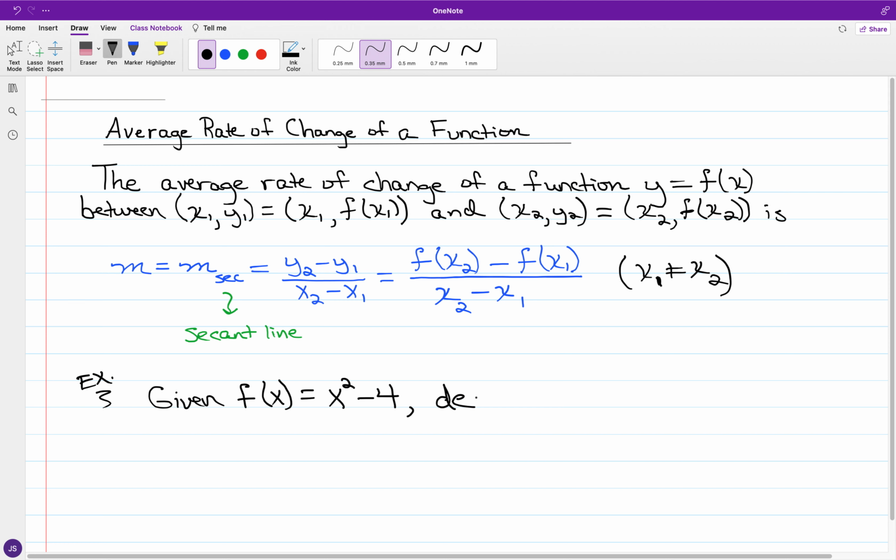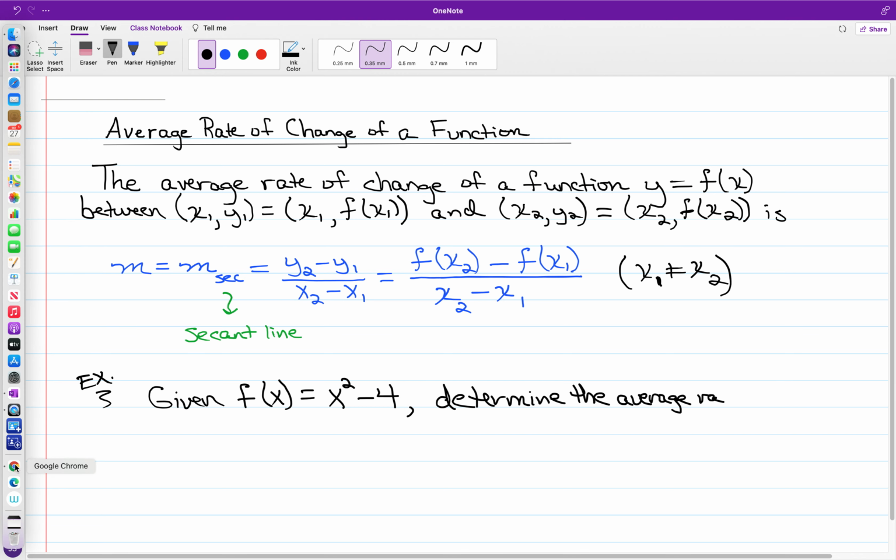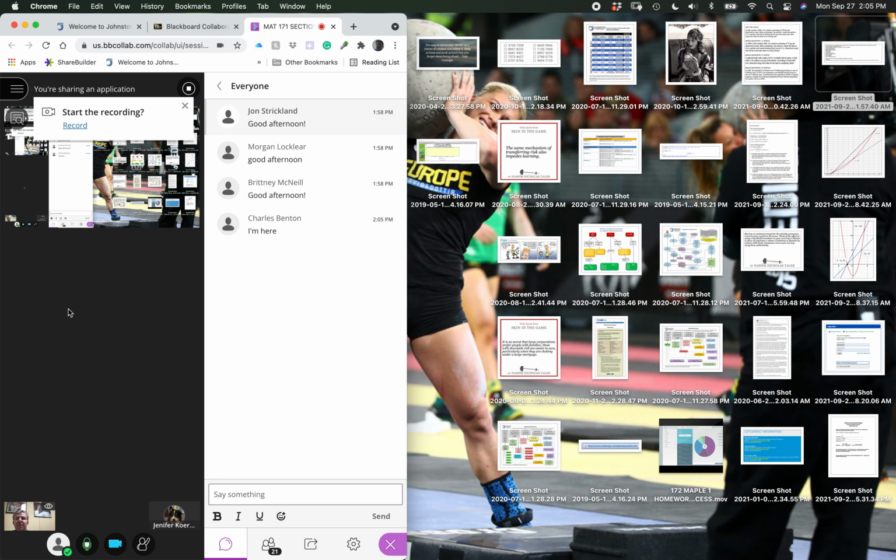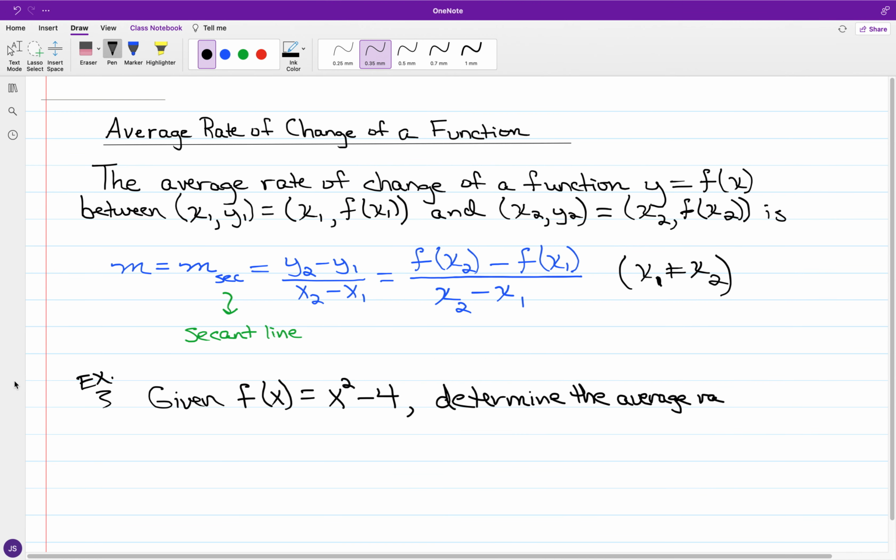Say you're looking at determining the average rate of change, first of all, between x is equal to -2 and x is equal to 3.